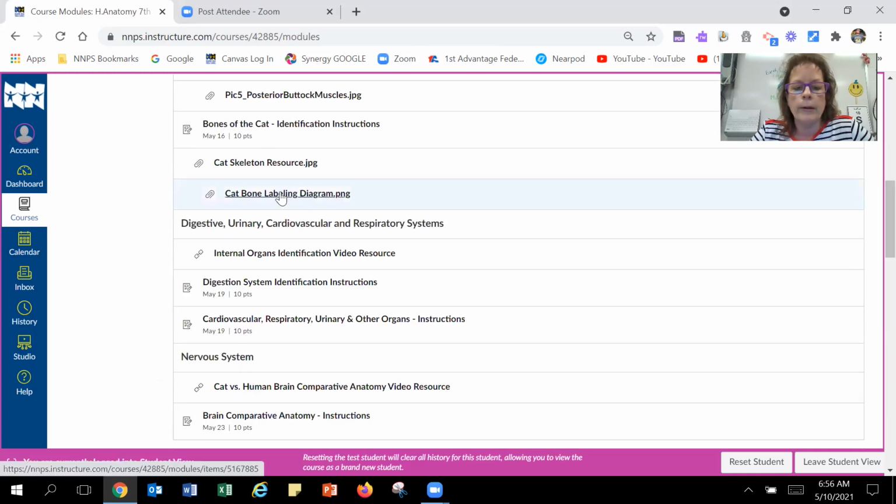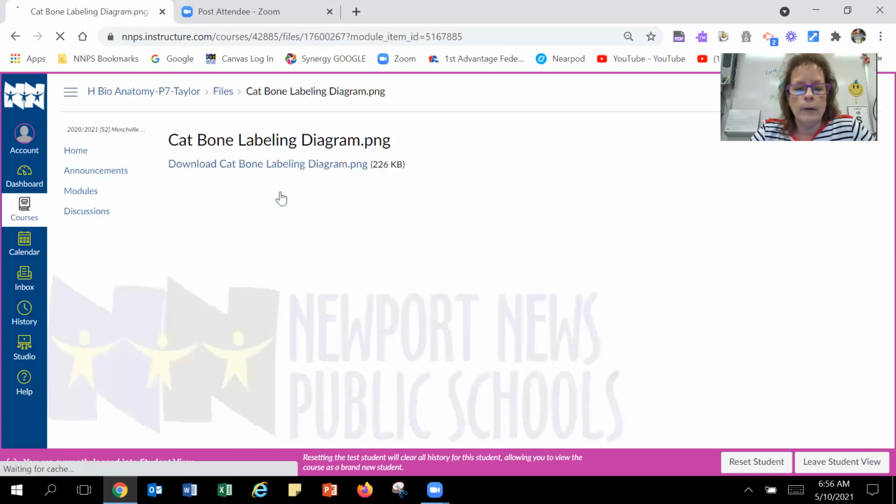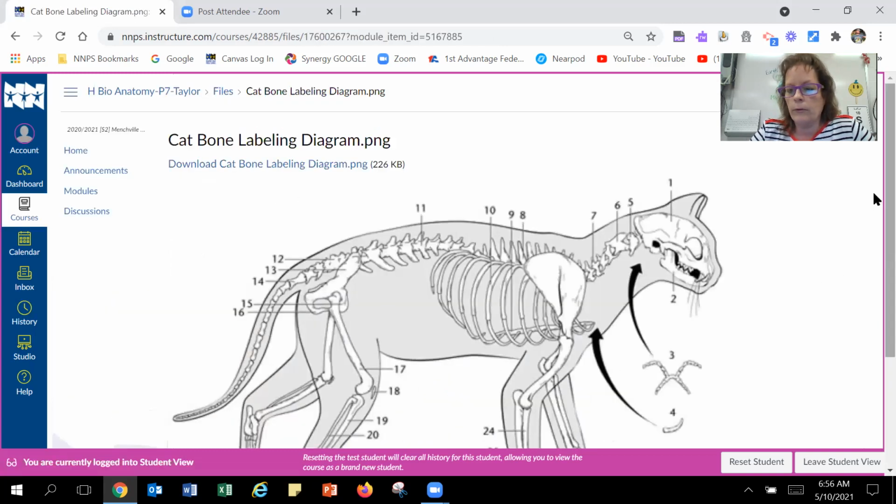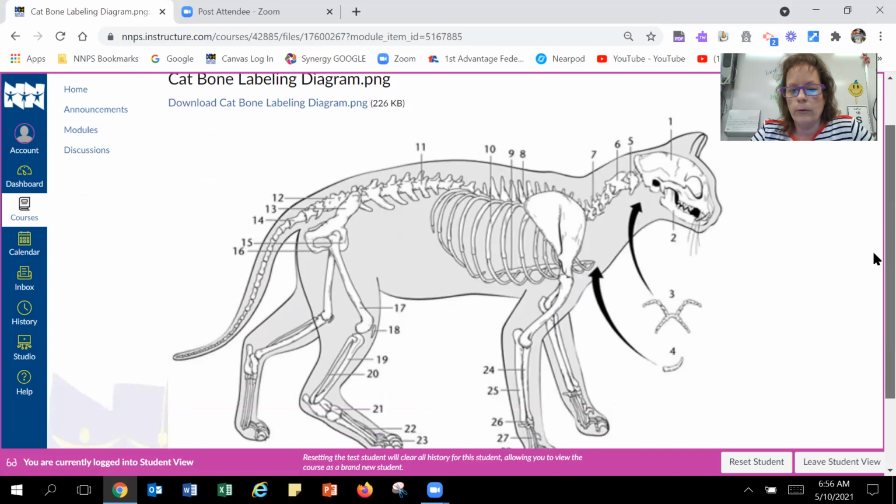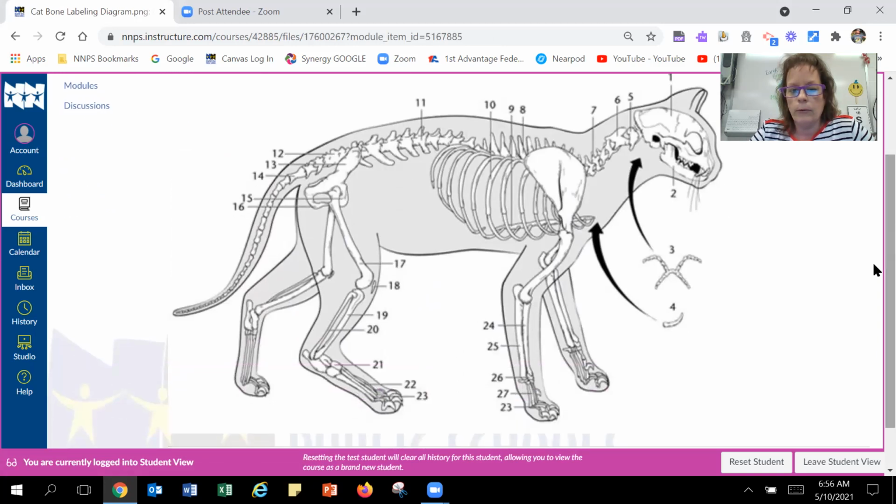Here we go, bone labeling diagram. So this is the picture that you're going to have to use. And like I said, I told you to omit. There were like 3 of them on there that you don't have to label. But anyway, when you write it out, you can write omit next to those 3 that were in the instructions. So you are going to label these bones.